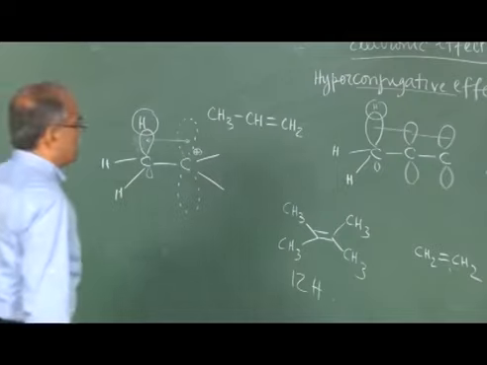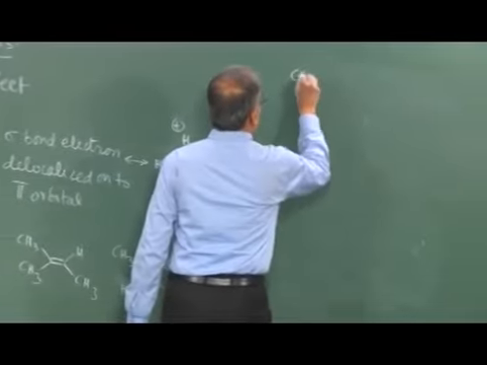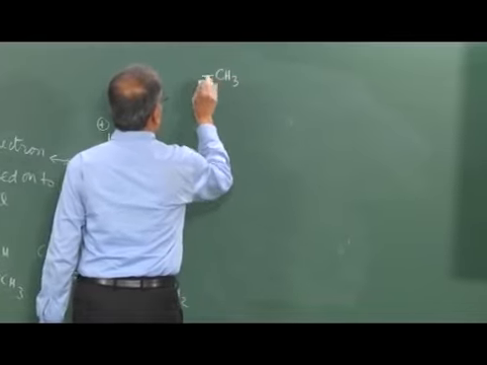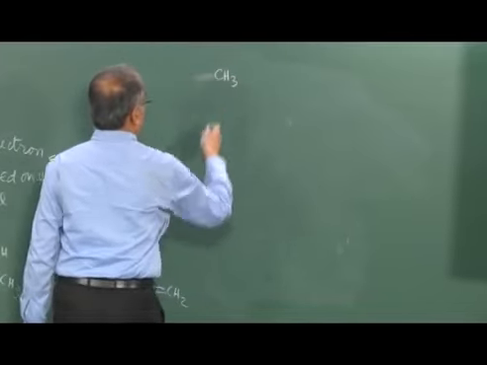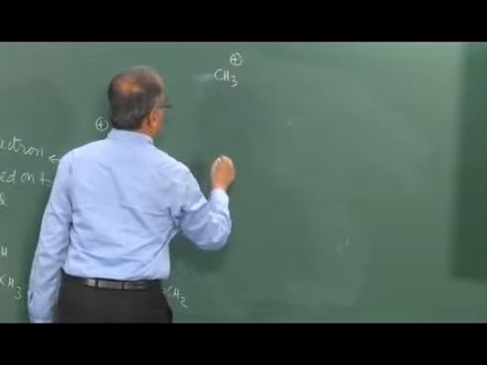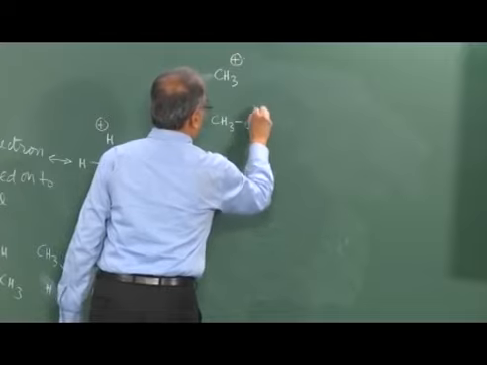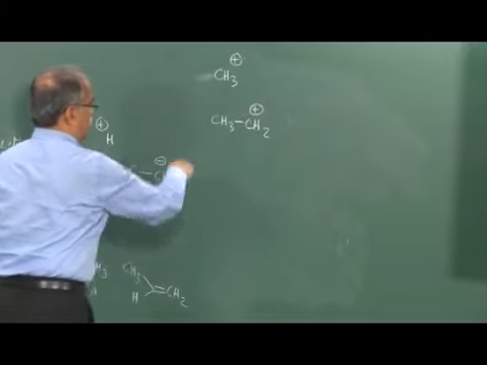So, if you consider the carbonium ions, methyl carbonium ion does not have an alpha CH, there is no carbon adjacent to it. So, this is the least stable of carbonium ions as compared to, for example, an ethyl carbonium ion, where there are three CH bonds which can hyperconjugate with the empty p orbital.